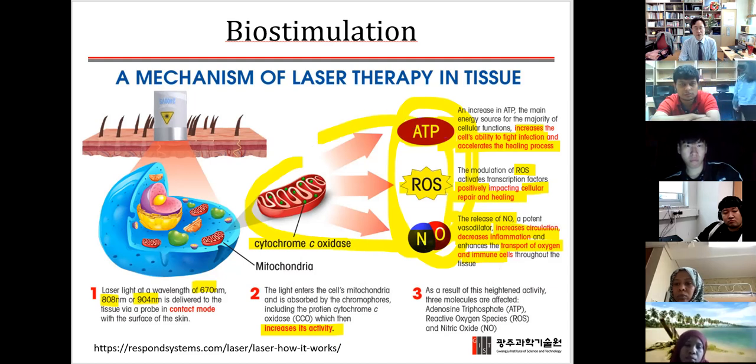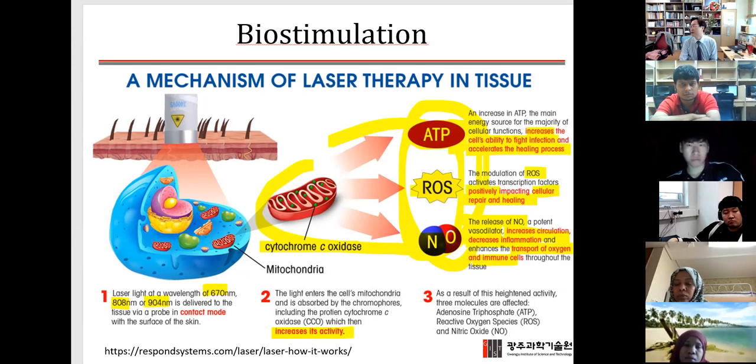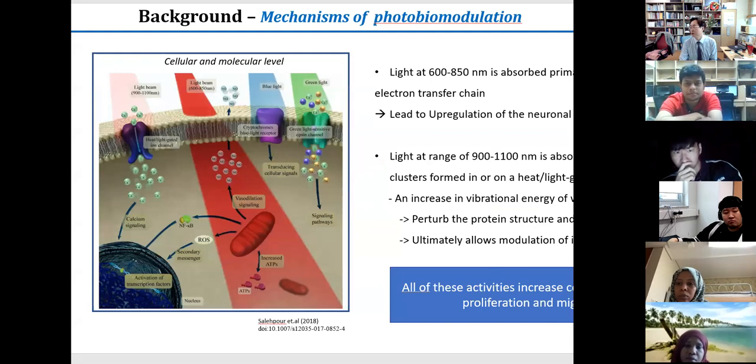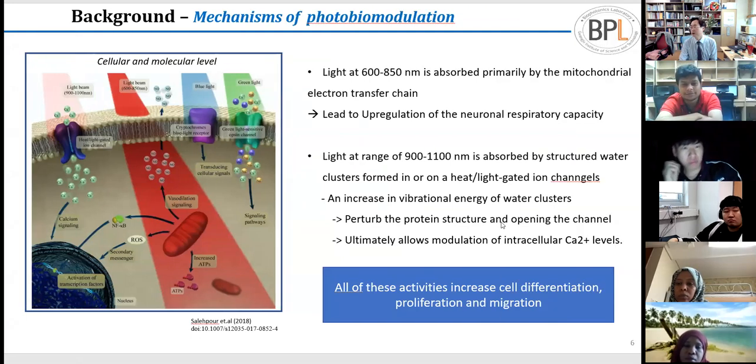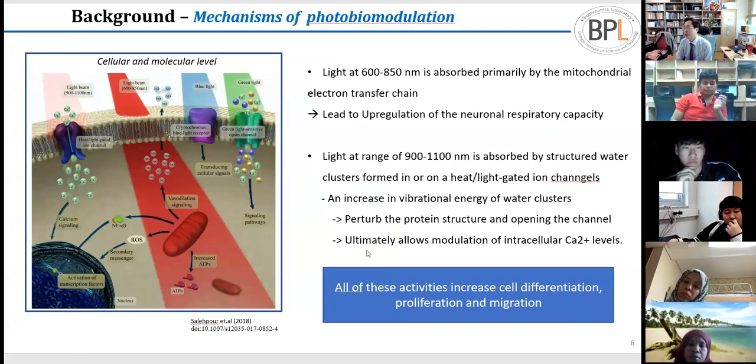And then let me show you another one. This is another figure showing about the LLLT. Here, these are showing the different wavelength effects.